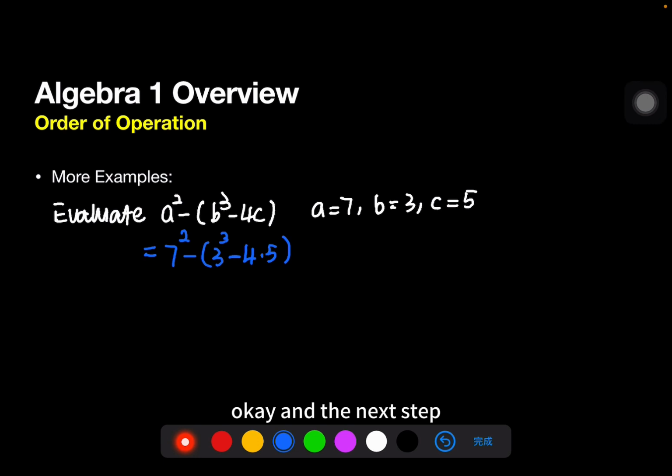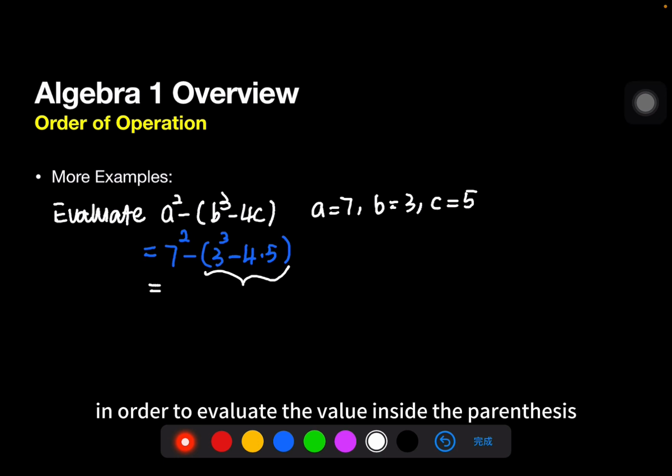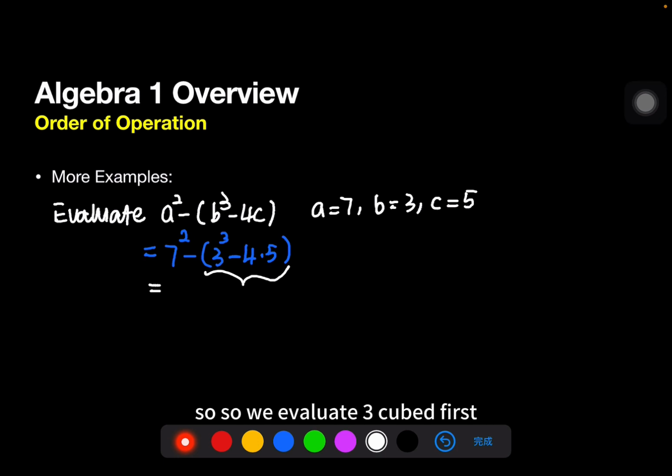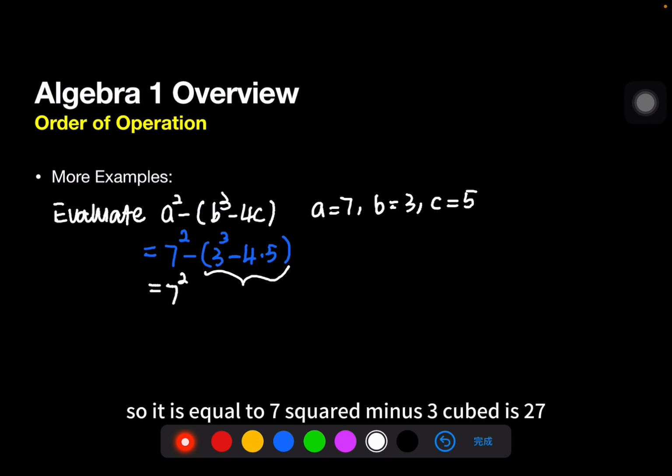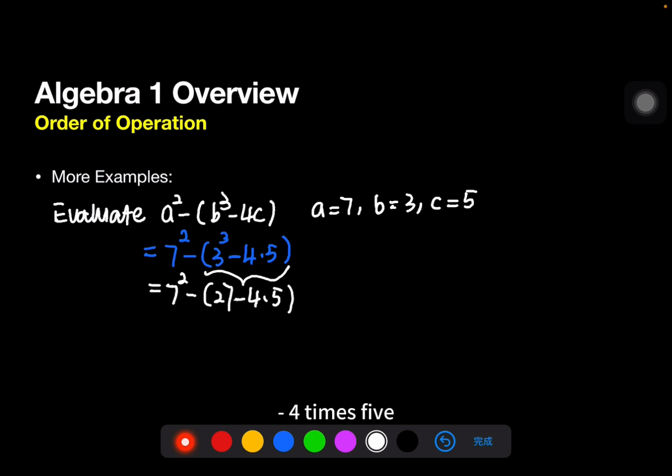Okay, and the next step, we follow the order of operations. So we first evaluate inside the parentheses, and in order to evaluate the value inside the parentheses, we do the power first. So we evaluate 3 cubed first. So it is equal to 7 squared minus 3 cubed is 27 minus 4 times 5.